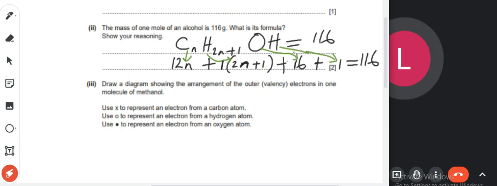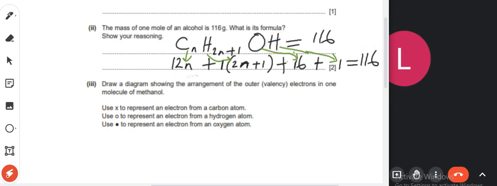That will now help us to find n, and then we fit it in. Because the general formula of all alcohols is CnH2n+1 then OH, which is a functional group. And if 1 mole of it is 116, this whole thing is 116. So C is 12, so 12n, plus H is 1, so 2n plus 1 for all of H. Then plus oxygen, which is 16, plus hydrogen, which is 1, gives you 116.